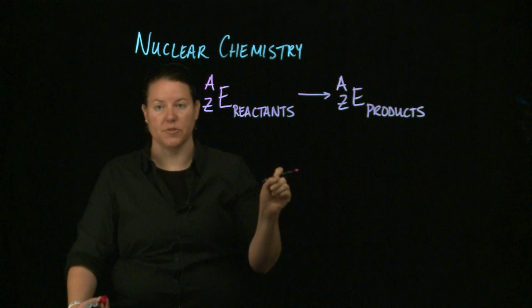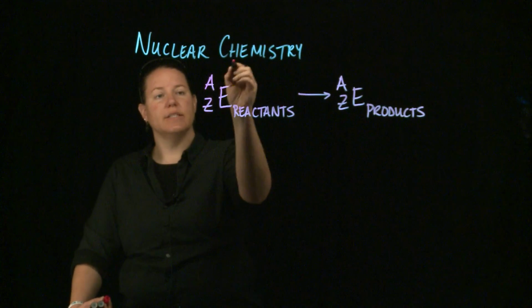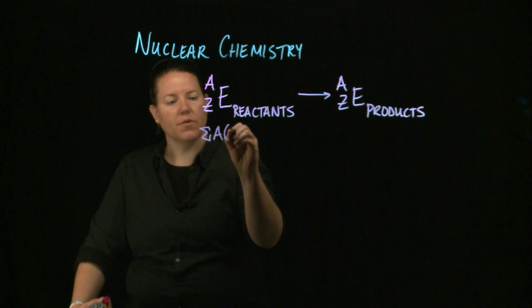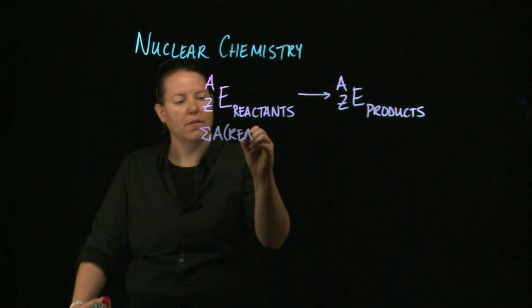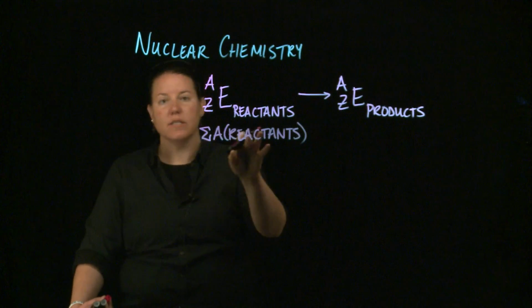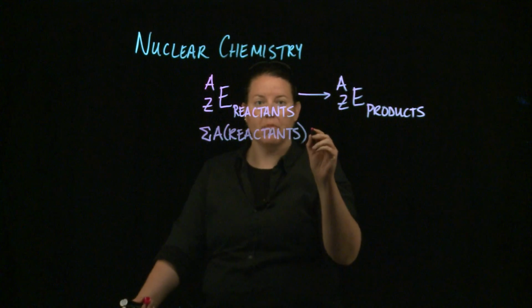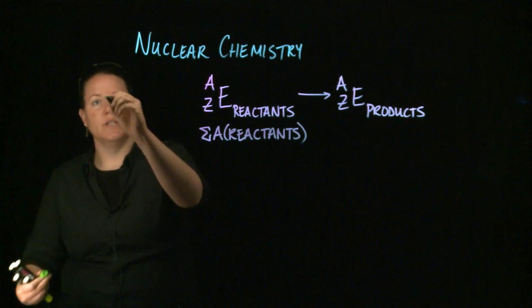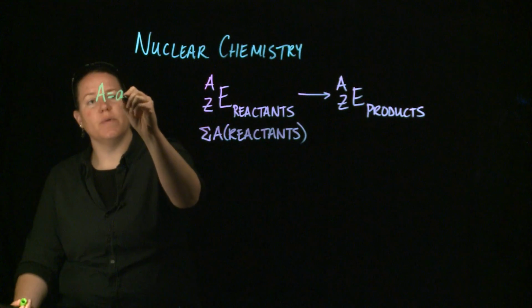Obviously, it's not the elemental symbol. What I'm saying is that the sum of the A's of the reactants, everything on the top, if you add all of the reactants together, the sum of all of those atomic masses, remember that atomic masses are symbolized by A's.